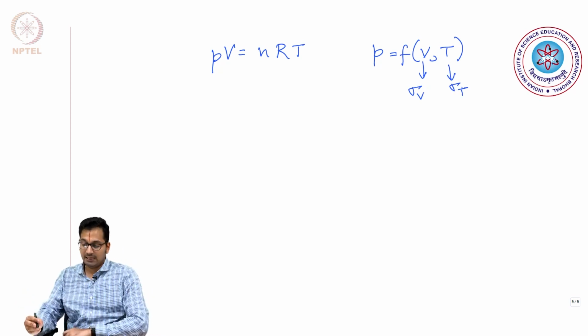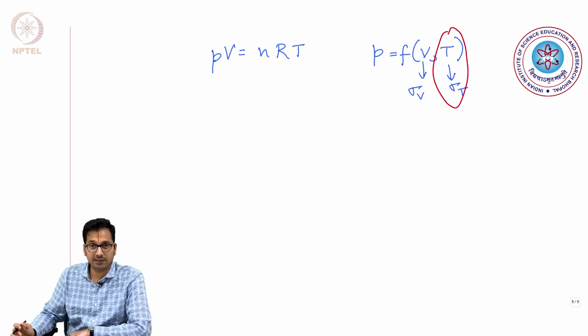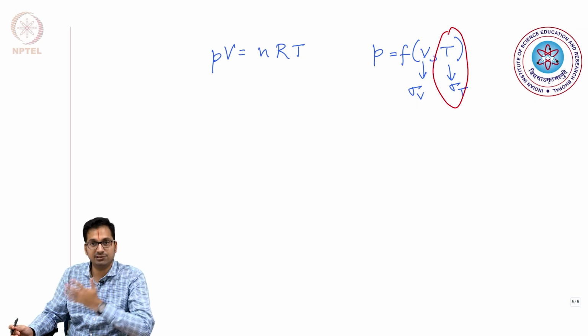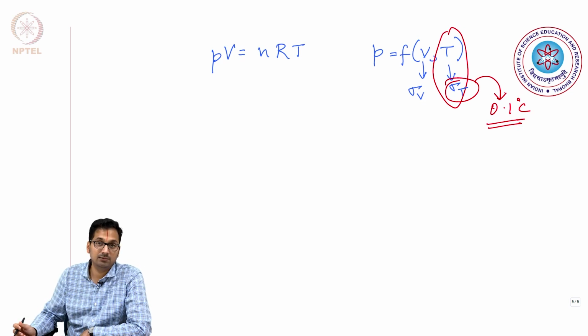When you are trying to measure temperature, let us say you are using a thermometer whose divisions go between, say, 0.1 degrees Celsius. That means your measurement cannot be more accurate than the minimum value, the least count, that you can use for such a measurement.